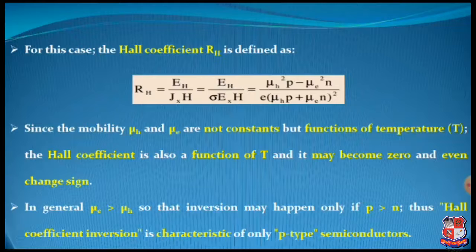In general, the carrier mobility of electrons is higher than the carrier mobility of holes, so inversion may happen only if the number of holes is greater than the number of electrons. Thus, Hall coefficient inversion is characteristic of only p-type semiconductors, because in p-type semiconductors we already know that the number of holes is much higher than the number of electrons.